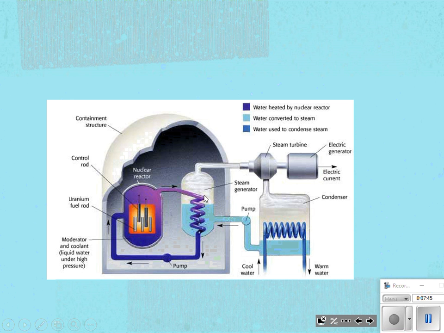This steam then travels in here, spins the turbine, creates the electricity, comes back down into here where it's condensed back into water. So that is a kind of generalized version of what's happening inside a nuclear reactor.